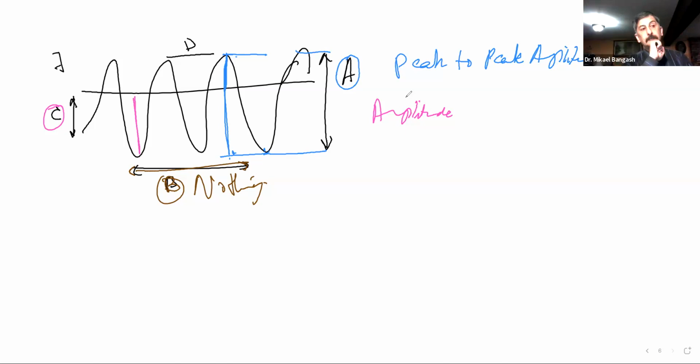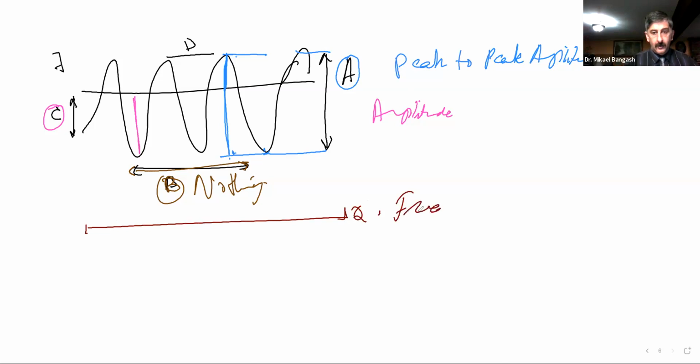For this one it doesn't say that, so we can assume by common sense that it isn't frequency. Unless, let's say you have something like this, then you could say that's in one second, and that could have been frequency. Yeah, that makes sense. Good.